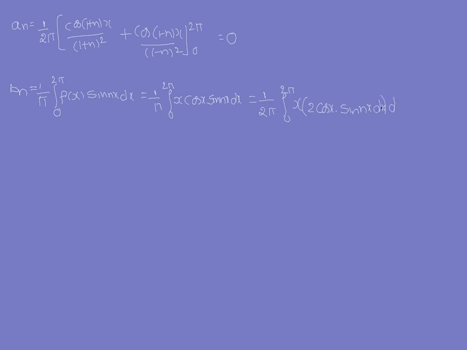Now 2 cos a sin b means sin (a plus b) minus sin (a minus b).